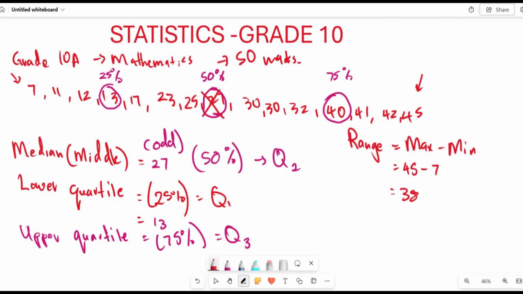Are we fine, right? After finding out the range of this data, we can find out what is called our interquartile range, which is going to be IQR. In IQR, the inter, the Q is quartile, and the R represents your range.